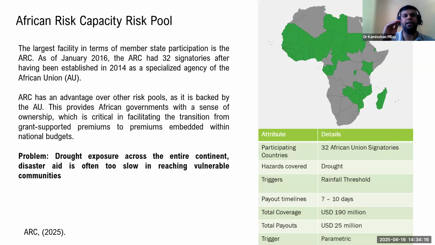So typically, the payouts occur 7 to 10 days after the disaster occurs. And that's really important because, just to give you an example, the Durban flooding that happened in 2022, funds were only received by the municipality from national government about 12 to 14 months after the disaster hit.